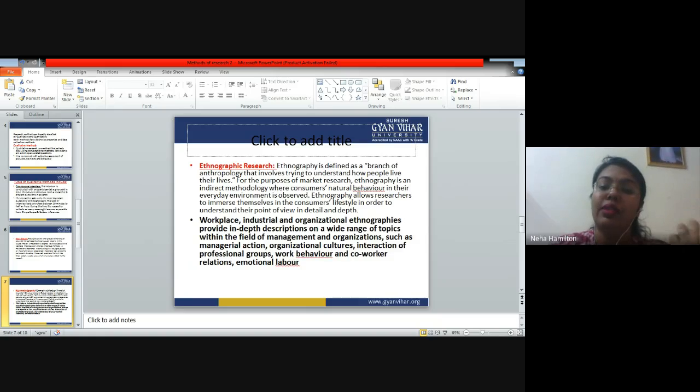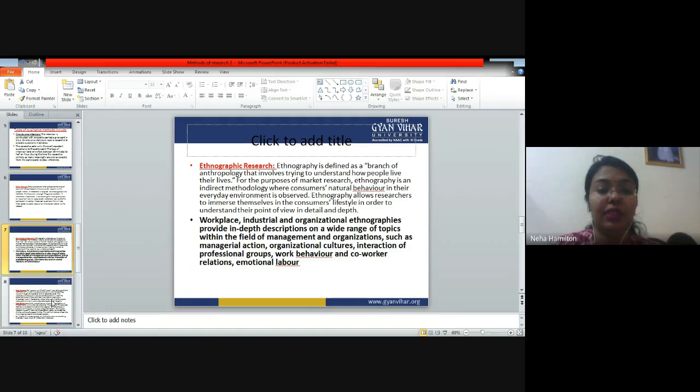Workplace, industrial, organizational ethnographies provide in-depth description on a wide range of topics within the field of management and organization, such as managerial action, organizational cultures, interactions of professional groups, work behavior, co-worker relations, and emotional labor. All these things are being answered only because we do ethnographic research. We have different methods. We do in-depth study, in-detail study. We go for interview methods. We do a lot of things in order to understand ethnographic research.